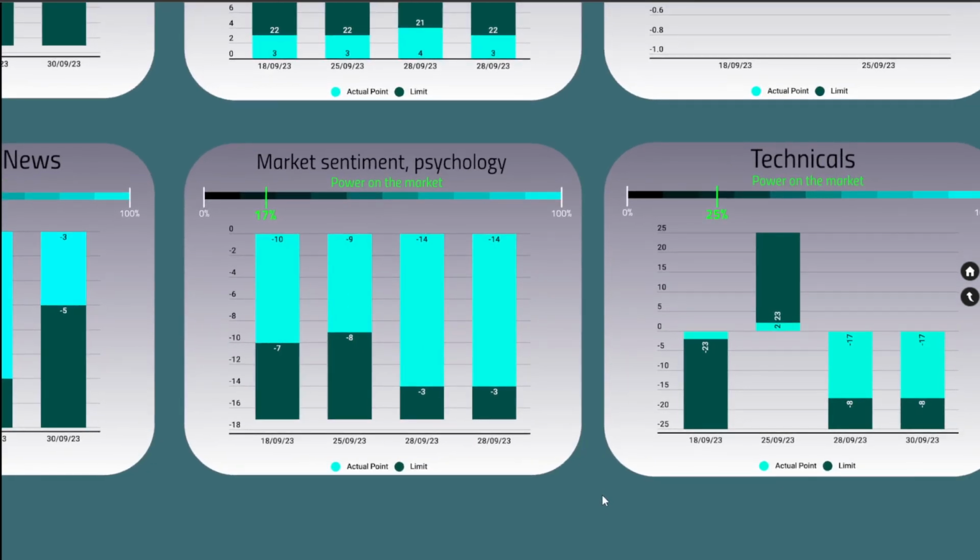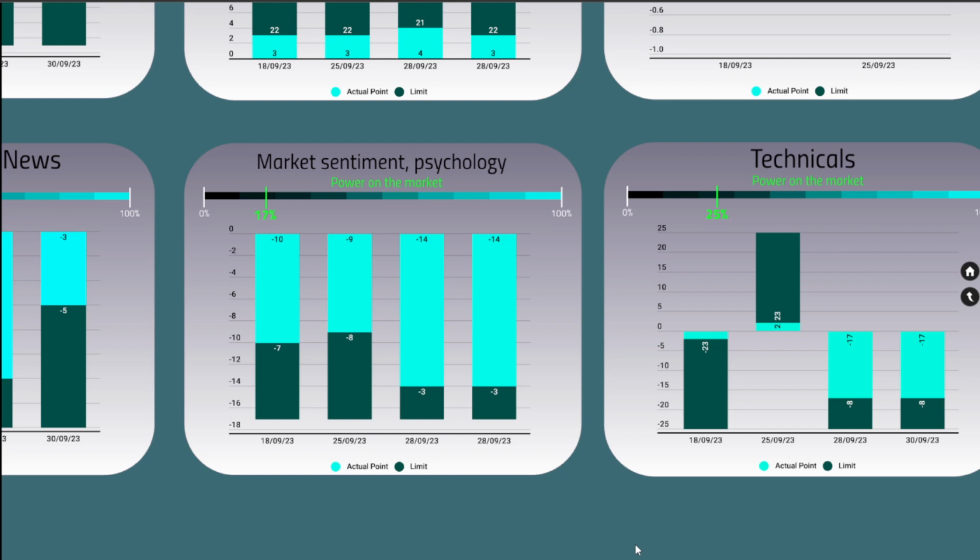The market sentiment and psychology has a maximum of 17% power over the forex market, and it's using almost full power. It's at -14 points right now, and this is the bank sentiment. So this is a signal that the banks are still considering a longer term bearish trend for the currencies and not shorter term.